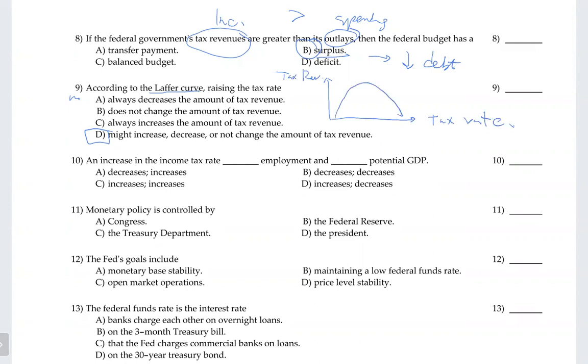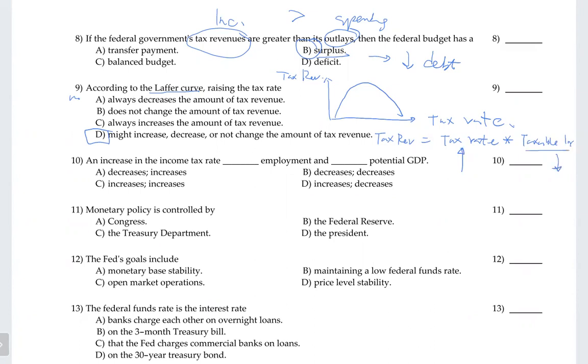And why is that? This is because tax revenue equals tax rate times taxable income. Okay, so when the tax rate increases, usually that's going to reduce taxable income.